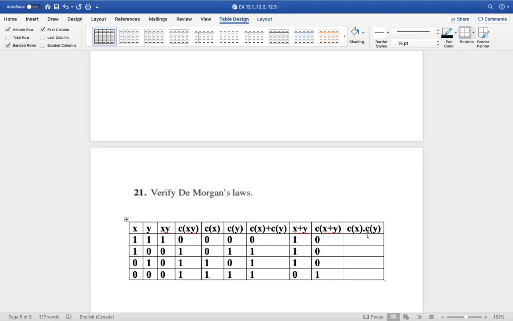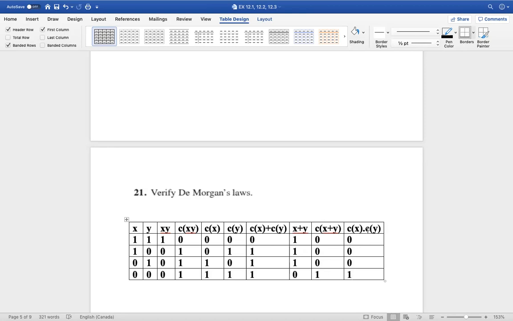Okay, now we have this complement of x, this one here, dot product this one. Okay, so 0 0 is 0, 0 1 is 0, 1 0 is 0, 1 1 is 1. Okay, so this one here, we know that the complement of x plus y equals the complement of x dot complement of y.